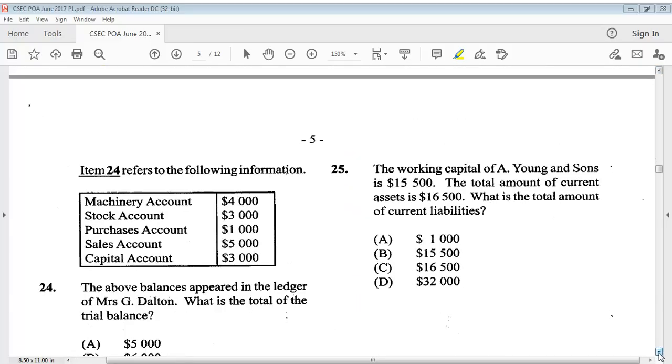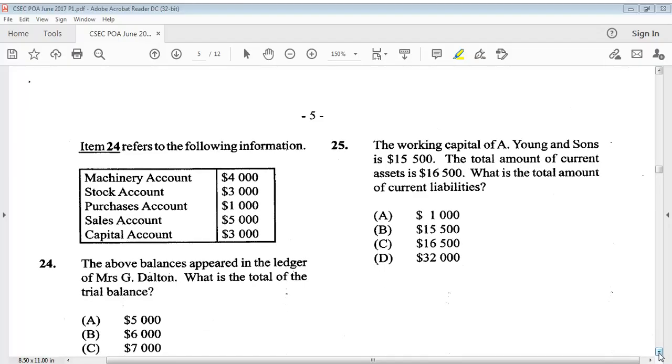Let's go to 24. Item 24 refers to the following information. Here we have machinery account $4,000, stock account $3,000, purchases account $1,000, sales account $5,000, capital account $3,000. Question 24 says the above balances appeared in the ledger of Mrs. G. Dalton. What is the total of the trial balance? So we know sales is credited $5,000. Purchases account is $1,000 debit.